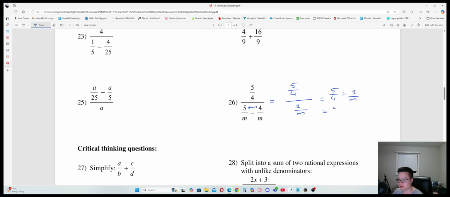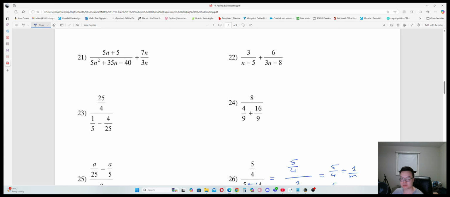And then when I multiply, it becomes the reciprocal of 1 over m, which is m. Then I will have 5m over 4. So that is basically my answer. And then we also need to state the denominator m is a variable, so that's my NPV as well. So this is for question 26.